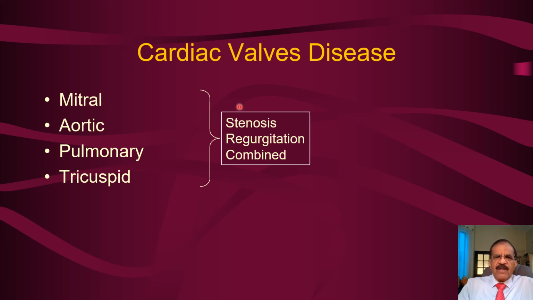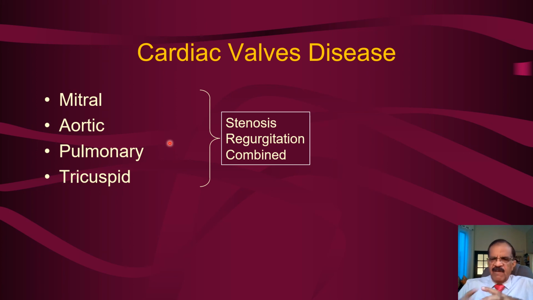So you can have actually in any valve, all the four valves, you can have anything. You could have pure stenosis or pure regurgitation. But I think more appropriately, I would say it would be predominant stenosis or predominant regurgitation, because any disease process would actually destroy the valve.